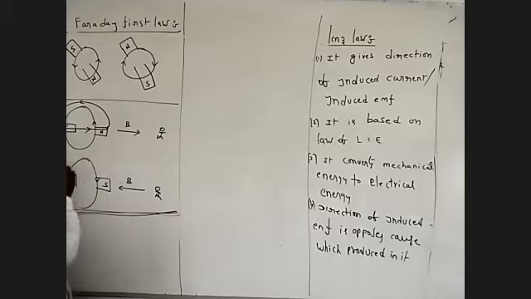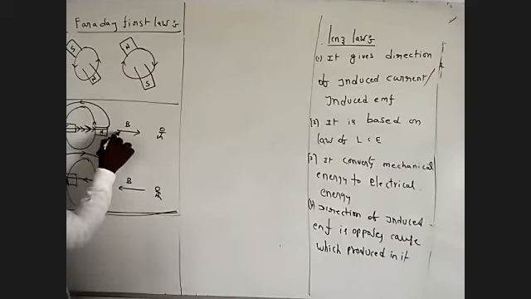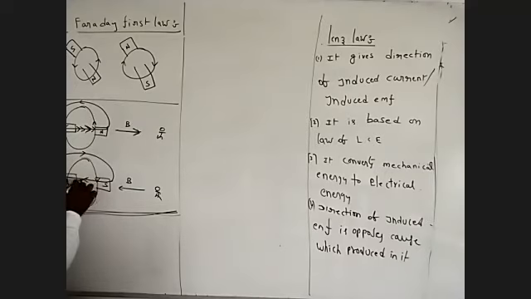Magnetic field lines start from north and go to south outside. Inside is south to north. This is very important. This is the direction of the magnetic field lines inside. The direction of the magnetic field is this one.